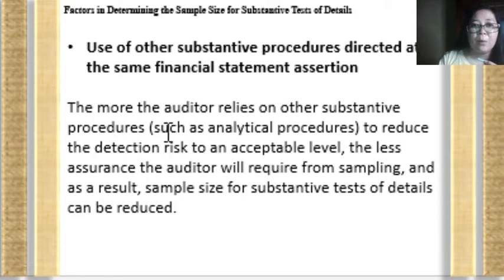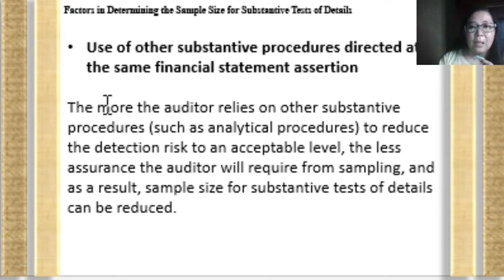So here, the more the auditor relies on other substantive procedures, such as analytical procedures at the same time, the purpose of this, of course, is to reduce the detection risk to an acceptable level. So the less assurance the auditor will require from sampling, and as a result, the sample size for substantive test of details also can be reduced later on.